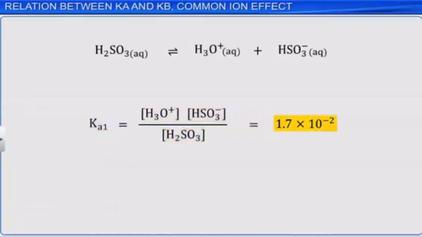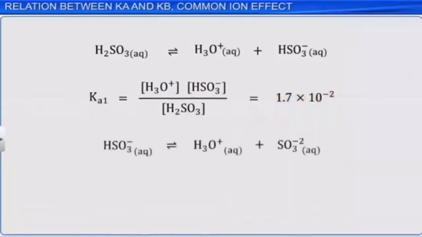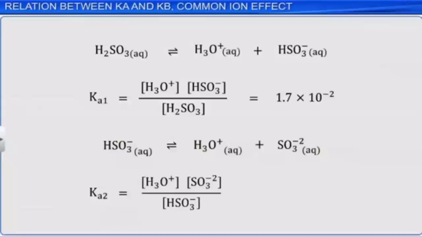Similarly, the ionization reaction of HSO3- can be represented as HSO3- aqueous in equilibrium with H3O+ and SO3 2- aqueous. The second dissociation constant, represented by Ka2, is equal to the product of concentration of H3O+ and SO3 2- divided by concentration of HSO3-.